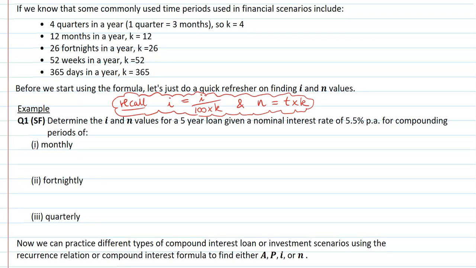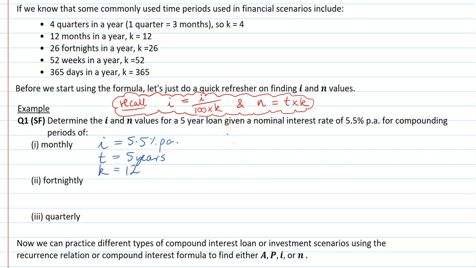I would always start by writing down the given values. So for our I, it's 5.5% per annum. For the time, it's 5 years. And for monthly, we want 12 as our K value.